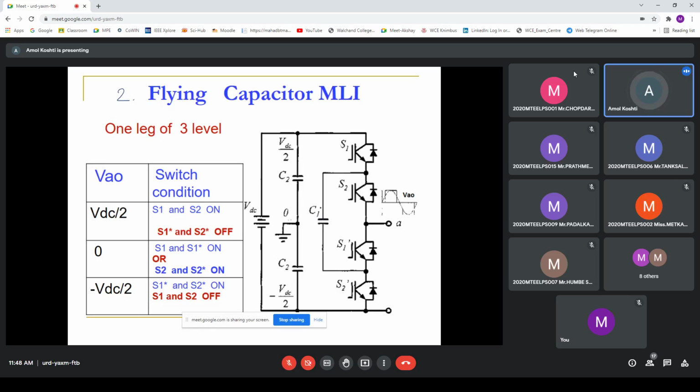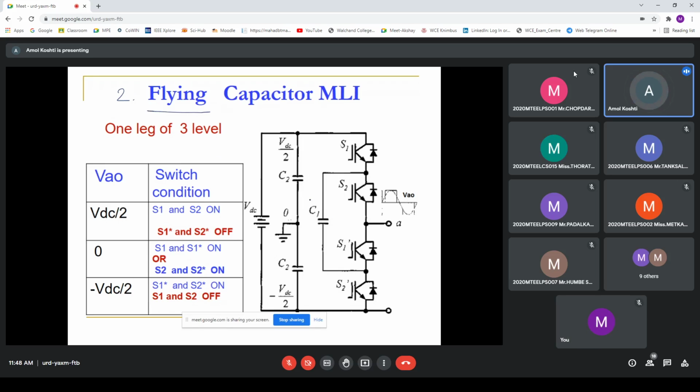And this capacitor's voltage is changing, with charging and discharging of the capacitors while producing the output. So the nature of the capacitor is that it is going up and then going down, meaning it is charging and discharging. Because of this nature it is called a flying capacitor.